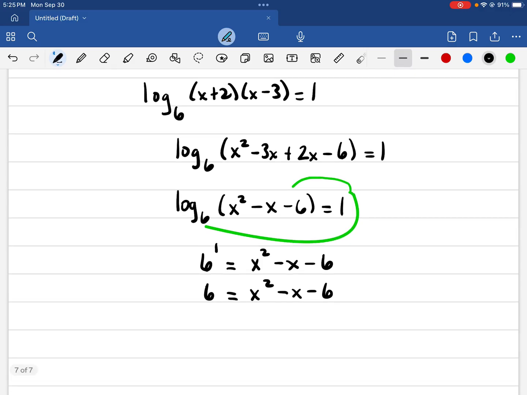Okay, now this is a quadratic, right? Most of the time you're going to try to solve quadratics by factoring. If I'm going to try to solve this quadratic by factoring, I need to have everything on the same side. So I need to move that 6 over to the other side.